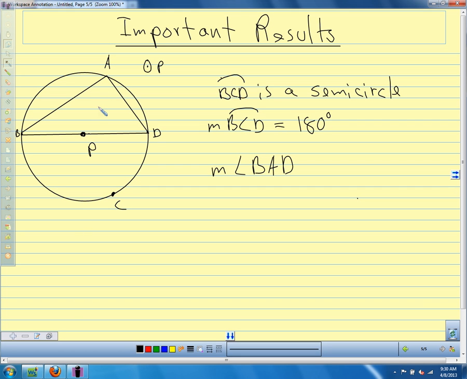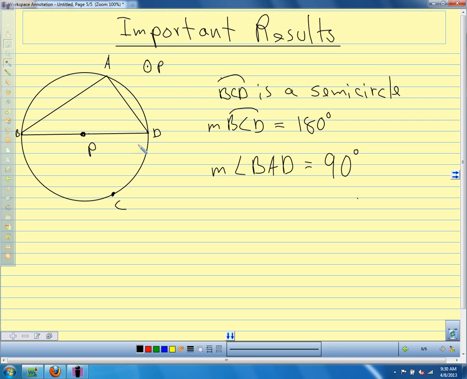To go from the arc to the angle, what do we do? Divide by 2. So what's going to be the measure of angle BAD? 180 divided by 2? 90. So the measure of angle BAD is 90 degrees because the arc is a semicircle. The arc is 180 degrees.